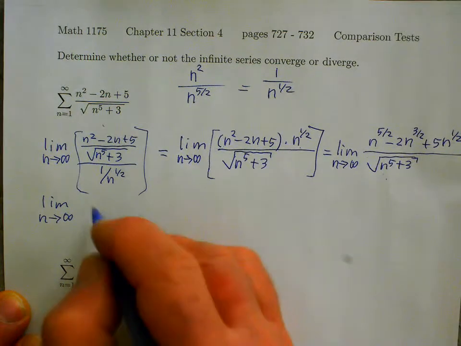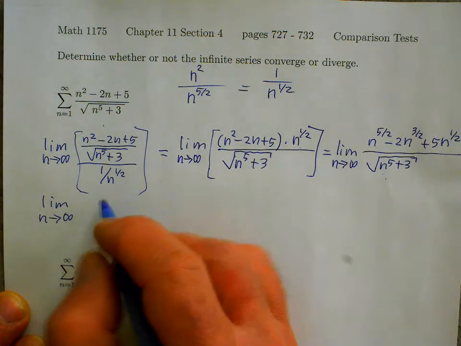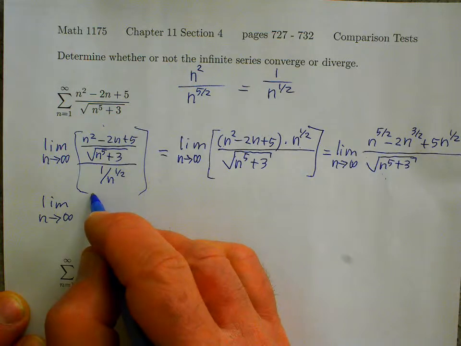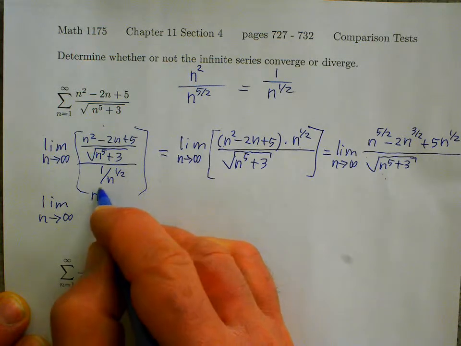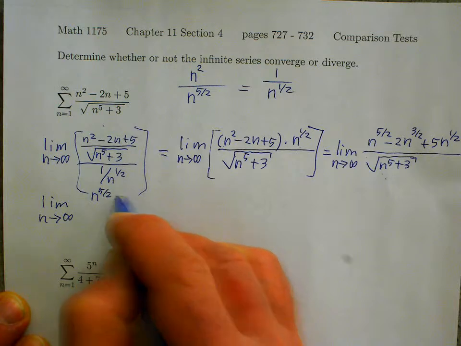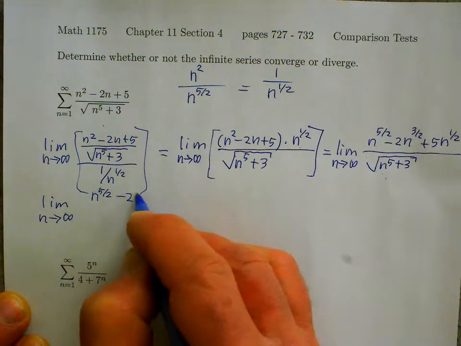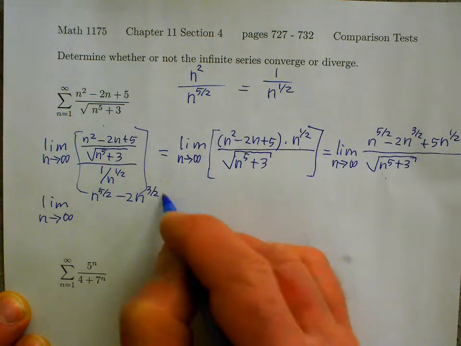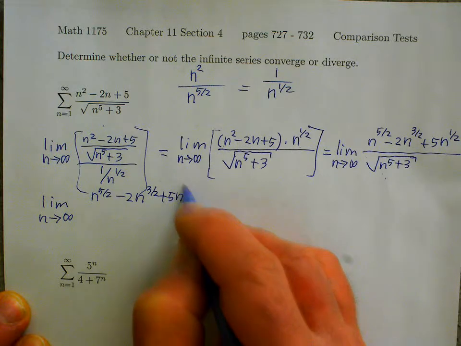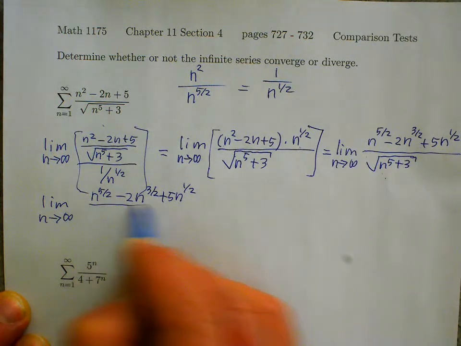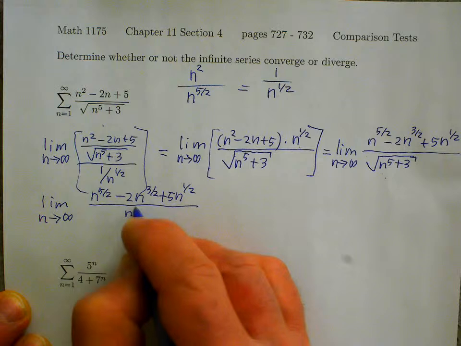So let's see. I'll just divide each term in the numerator, n to the 5/2 minus 2 times n to the 3/2 plus 5n to the 1/2, all divided by n to the 5/2.